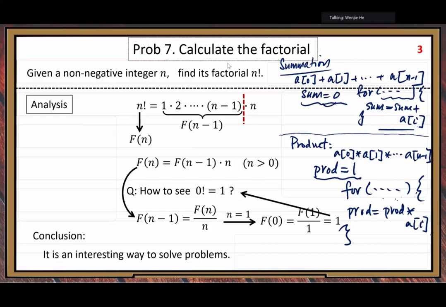So that's our programming experience. We feel it is very natural, right? Now think about 0 factorial here. When we work on 0 factorial, what does that mean?